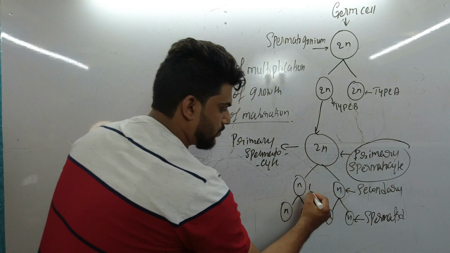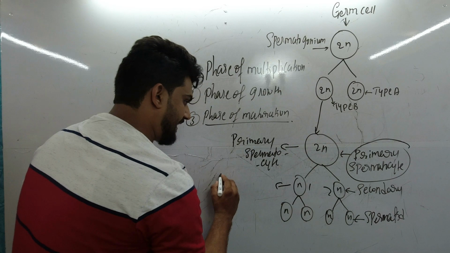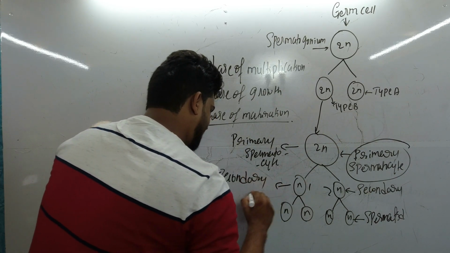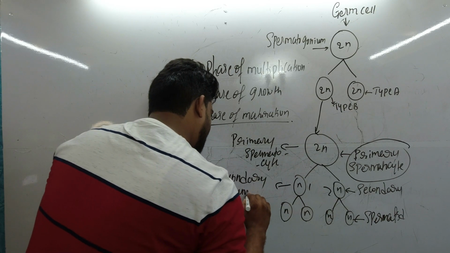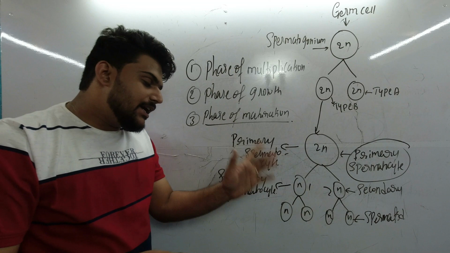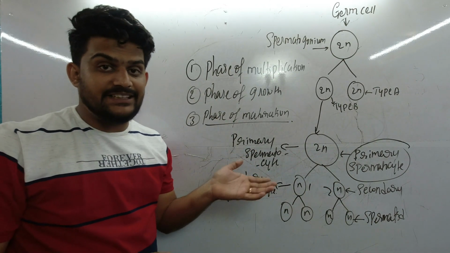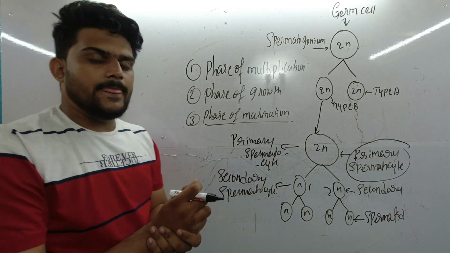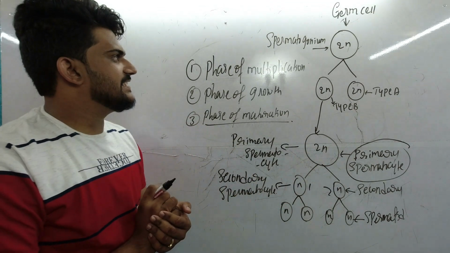These two cells are called secondary spermatocytes. The same procedure you can see in the gametogenesis video which I covered earlier on this channel.